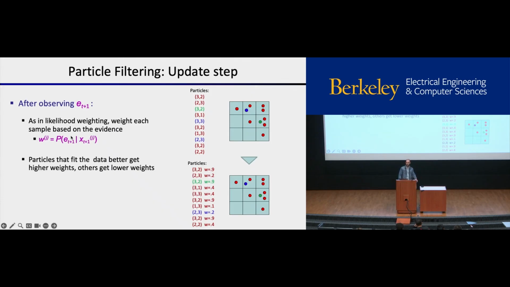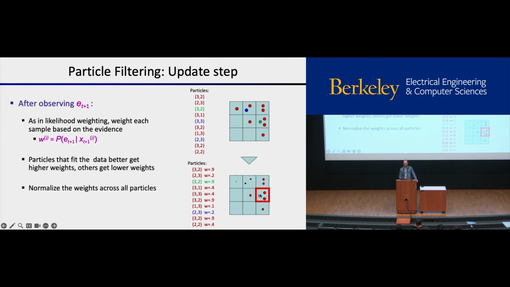Bad. You get a low weight. Pretty likely? Okay, we'll only downweight you a little, which is a lot better than what the other guys are getting. So this green particle is apparently pretty consistent with the evidence. This blue particle is not so consistent with the evidence. And so they're downweighted. I'm showing that to you as if their sizes are getting smaller.